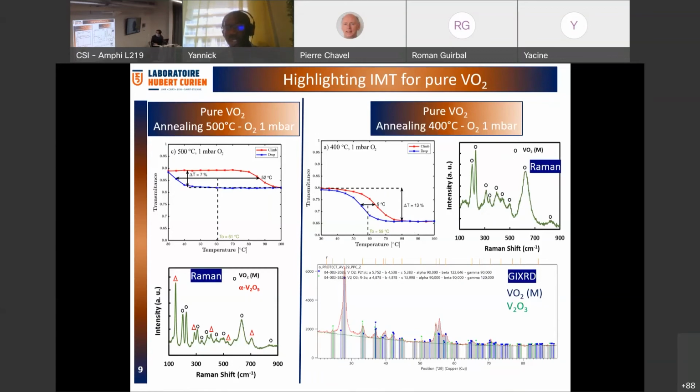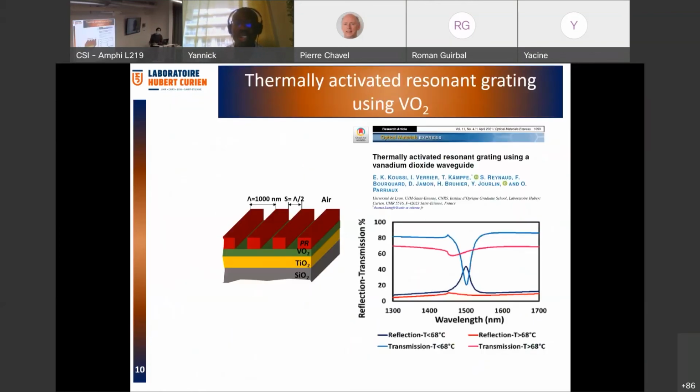Okay, thank you. The Raman gives us that we have totally VO2, but on the surface we have another phase. Just to show you that we need to optimize the process for pure vanadium dioxide, and then go to doped vanadium dioxide.